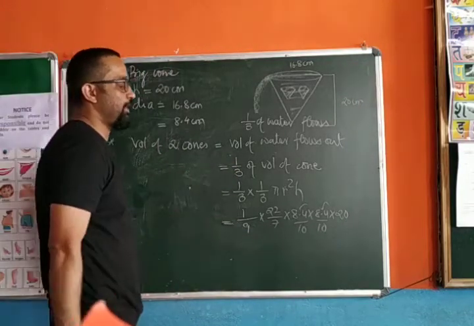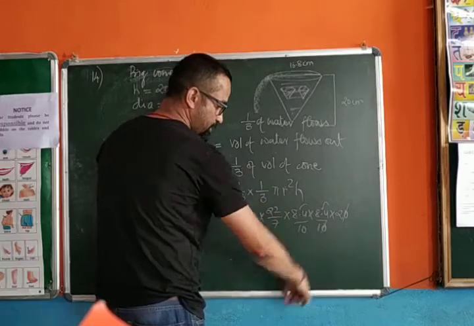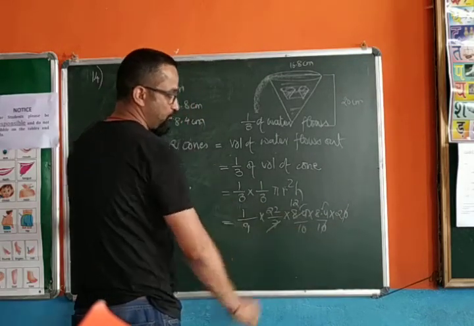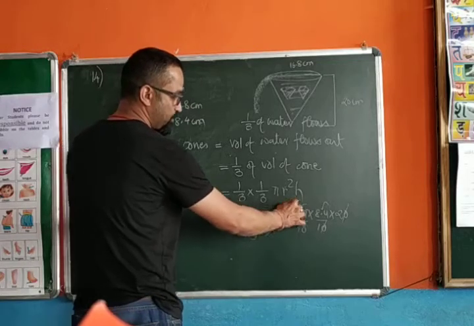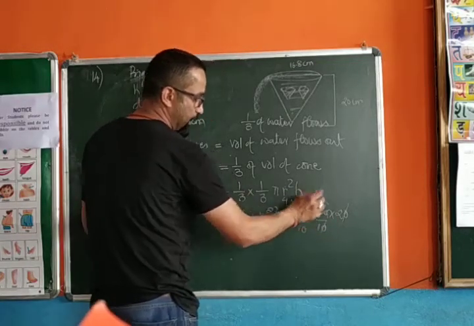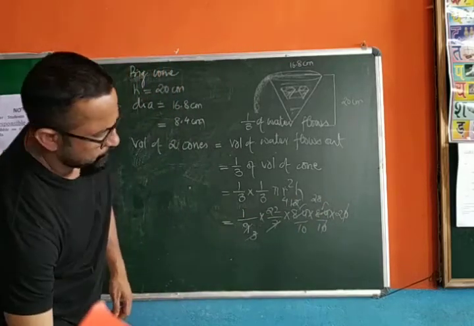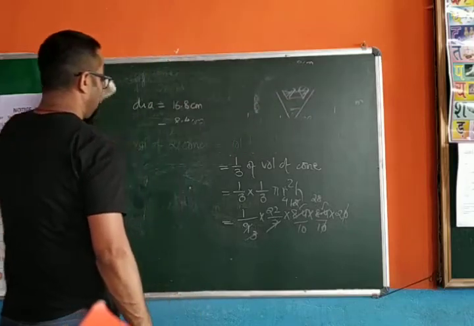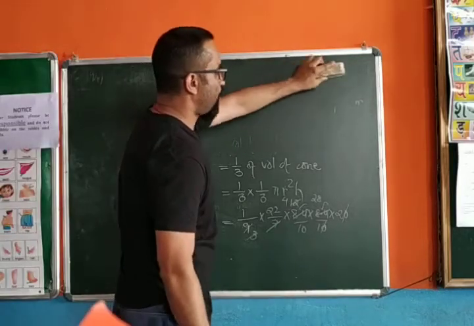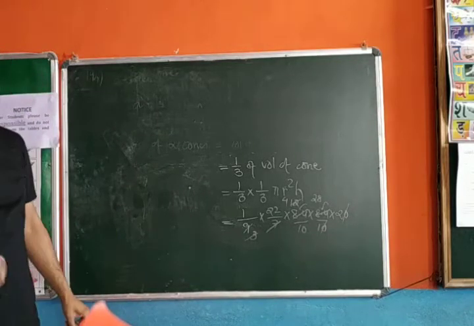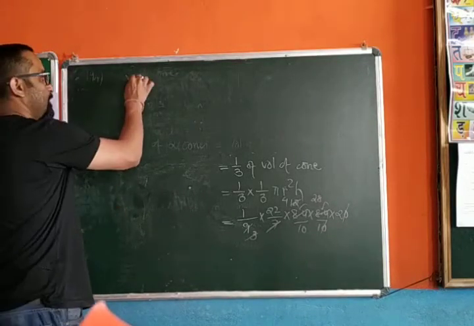Now simplify it. 0 cancels. You should not be cancelling further because you have 10 at the denominator. Substitution of decimal will be easier calculation.